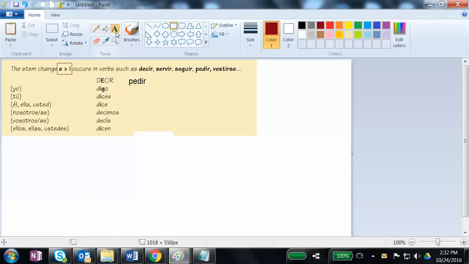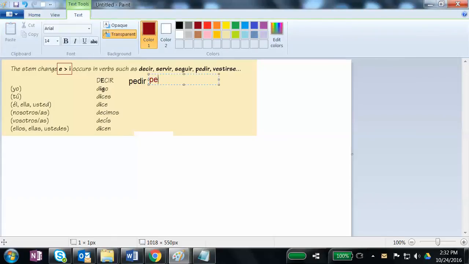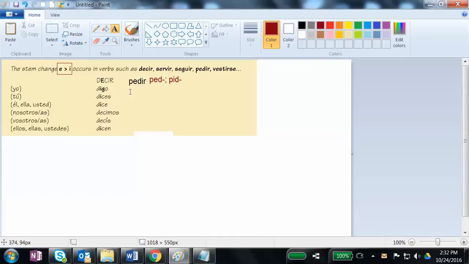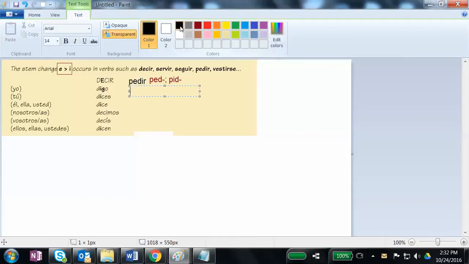that means that sometimes I'm going to use the regular stem, and sometimes I'm going to have to change that E to an I. Okay, and then here I'm going to use the change stem everywhere but for nosotros and vosotros.